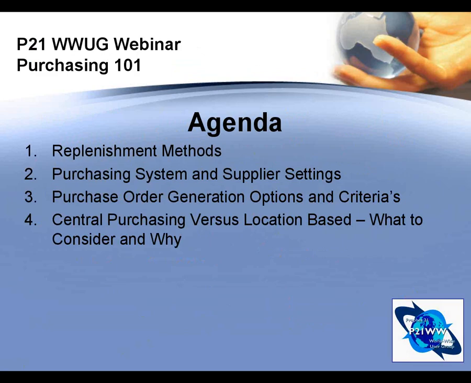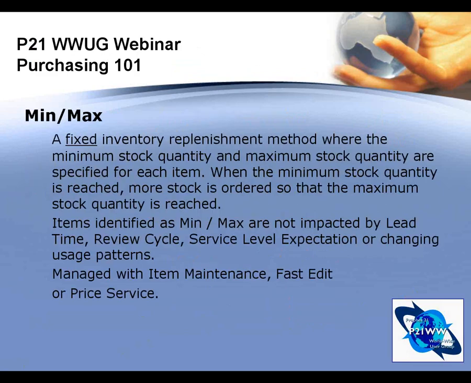So just to jump right in, some of the very basic min-max types of purchasing replenishment methods are fixed inventory replenishment, where minimum stock quantities are set. When the minimum stock quantity is reached, more stock is ordered, so the maximum stock is reached.